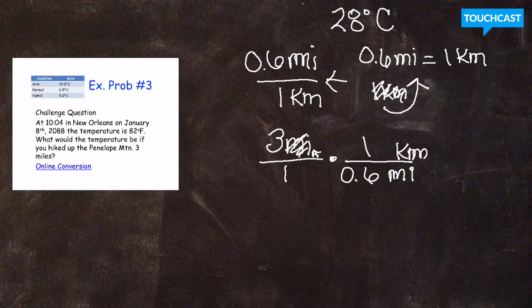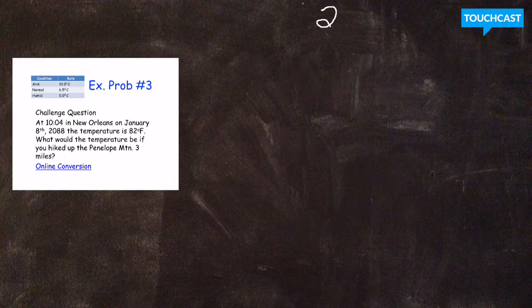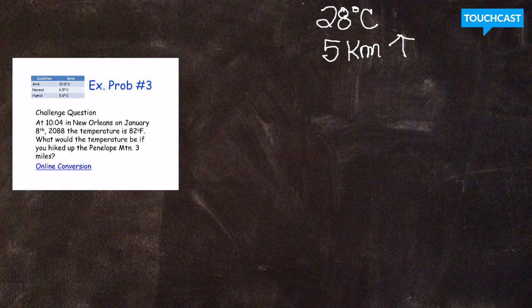So we can get rid of the unit of miles, and we get 3 divided by 0.6, and our unit kilometers. So that gives us 5 kilometers that we're going to go up Penelope Mountain. So we start at 28 degrees Celsius in New Orleans. We're going to go up 5 kilometers. And so now we're ready to do our problem.